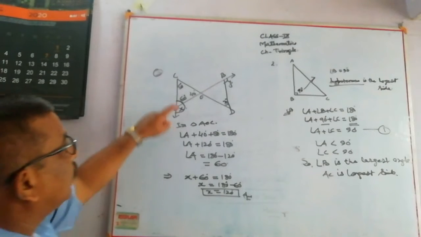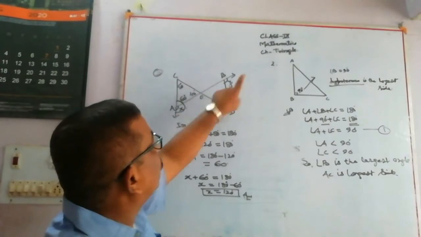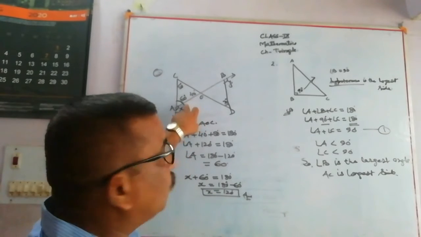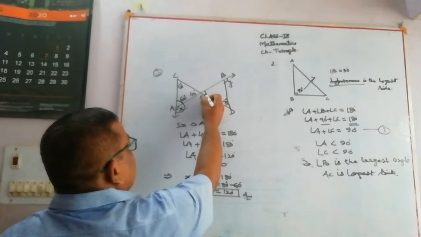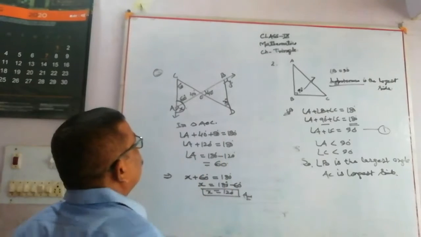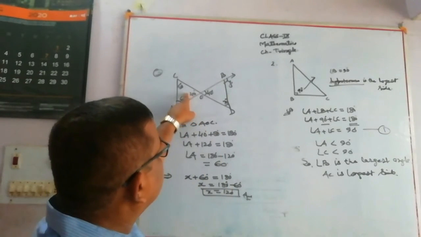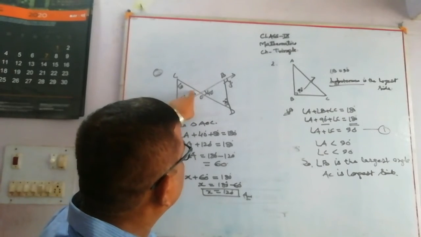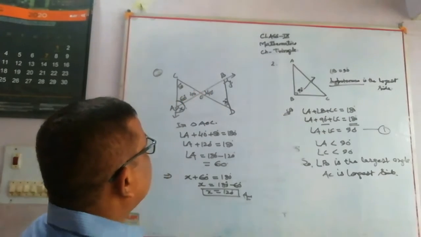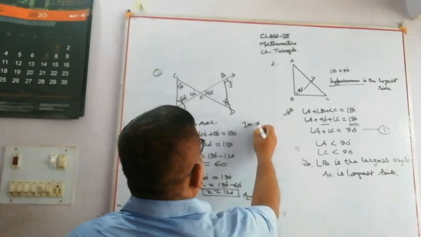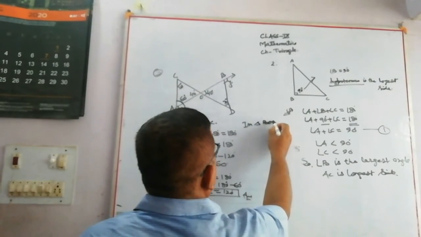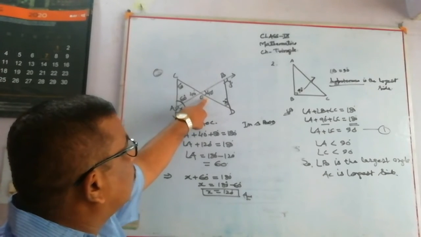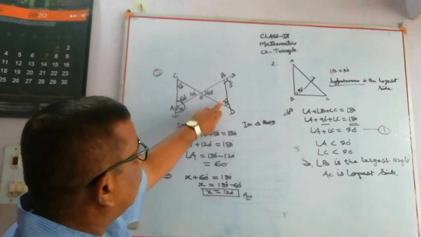Second question. How can we find the value of y? You know that AB and CD are two lines intersecting at point O. Therefore, that angle will be 40 degree. Why? That is a vertically opposite angle. You know that vertically opposite angles are equal. Now, in triangle BOD, the angles are 40 degree and 70 degree.